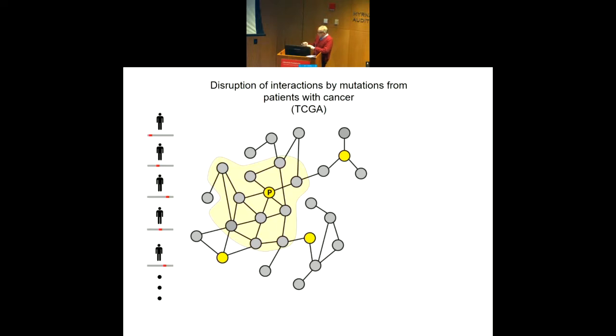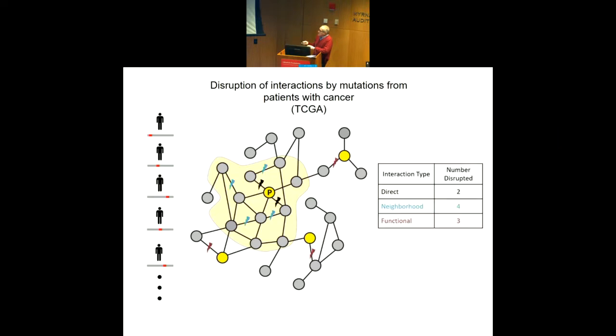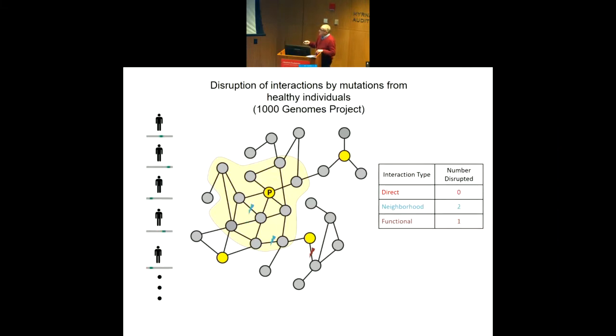We have mutations, and we ask, do different mutations disrupt interfaces either of the protein we're interested in, of proteins that are neighbors of that protein, or proteins that have the same function shown here in yellow. We just count the number of interactions that are presumably disrupted by a mutation. We do the same thing for benign mutations taken from the 1,000 Genomes Project.